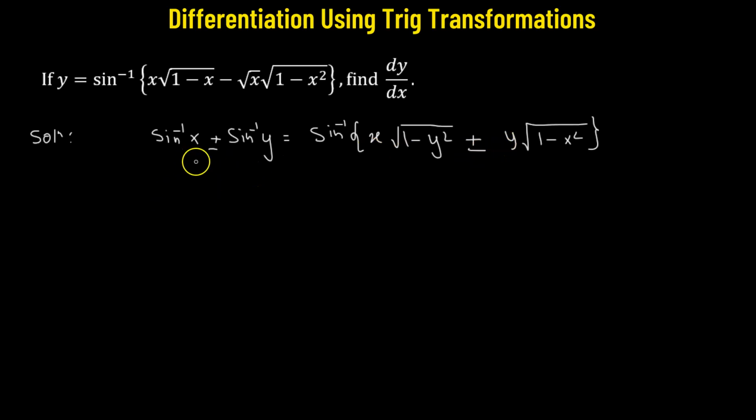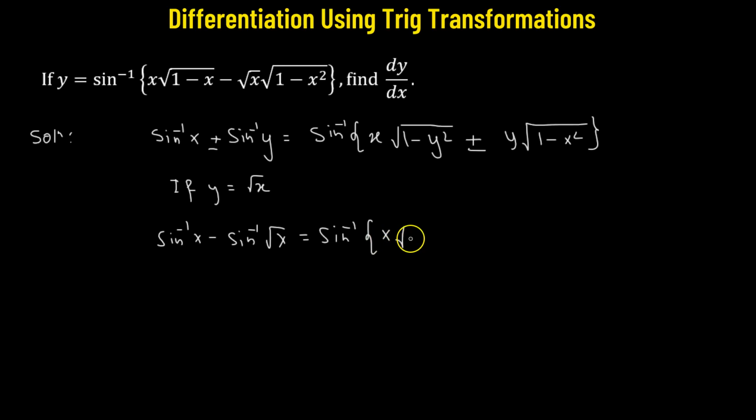Now in that case, if we consider y to be equal to square root of x, then we have sine inverse of x plus minus sine inverse of, in place of y we'll take square root of x. So this will become equal to sine inverse of x multiplied by square root of 1 minus square root of x squared, minus square root of x multiplied by square root of 1 minus x squared.